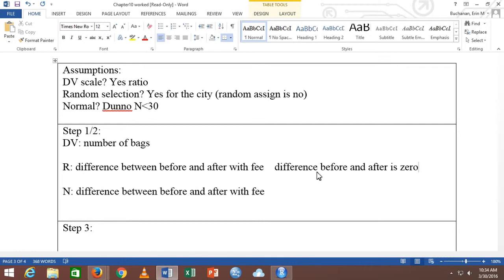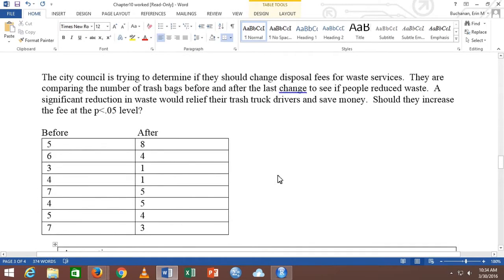So this fee has no effect, there's no difference. Or there's a 0 relationship, difference score. So the population sample setup on these is a little different than the other ones in this section.